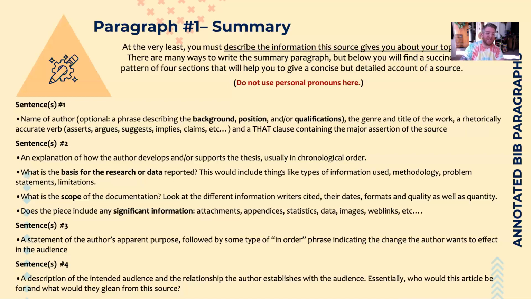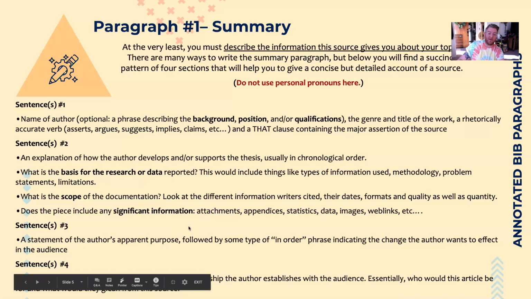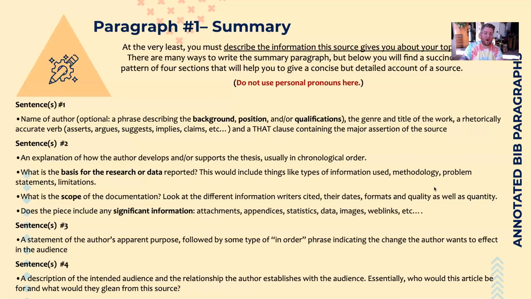Sentence three is a statement about the author's apparent purpose. What is the purpose of this author writing what they are writing, followed by some kind of in-order-to phrase. The author writes this in order to what? What is it that the author wants us to change about our mindset?